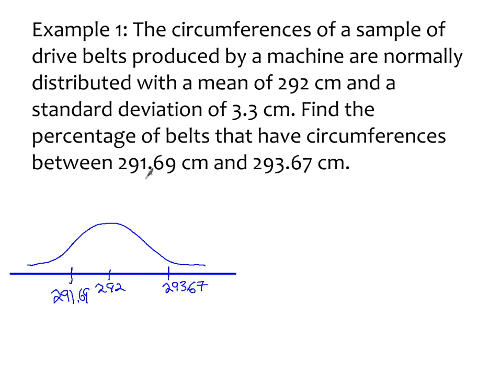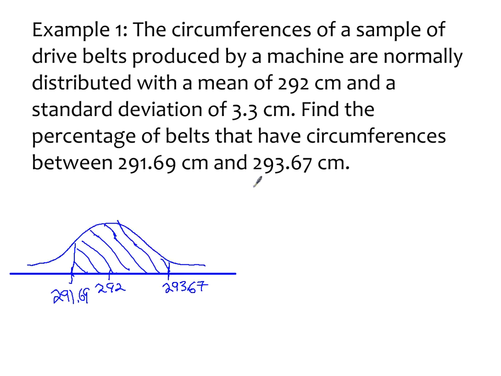It says find the percentage of belts that have circumferences between those two. Well, I'm asking for the area under the probability density function between those two values. And that is my probability, because recall that the area under the probability density curve is always 1, the entire area. So this is what we're looking for. And the question is, how do we get it?